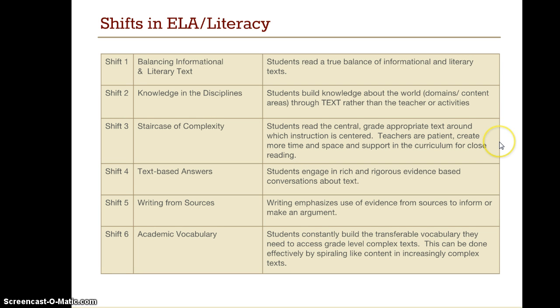Teachers are patient, create more time and space to support the curriculum for close reading or deep reading. And again, this is something where we really need to push the students to read at or above their grade level. And teachers should stop doing all the reading for students. I know there was a lot of reading to the students in classes. We need to put that back on the students.